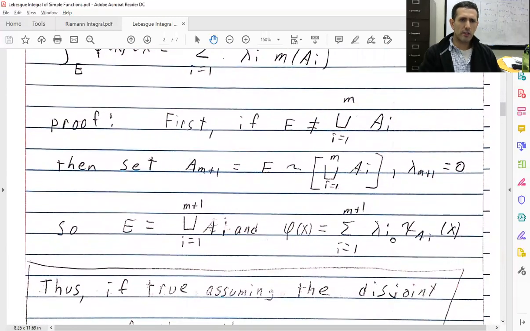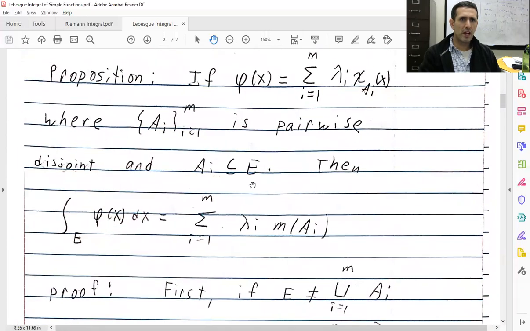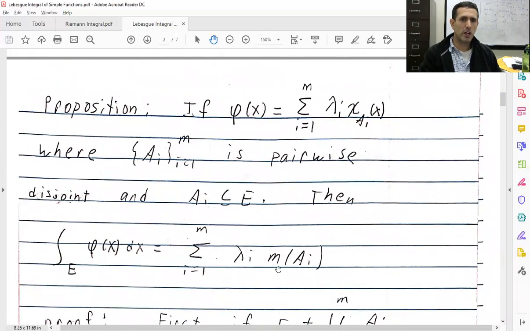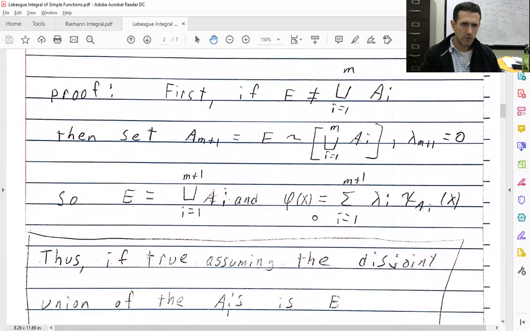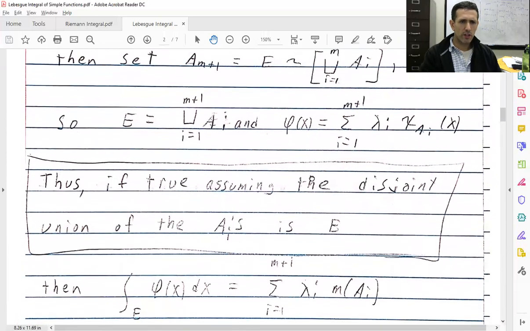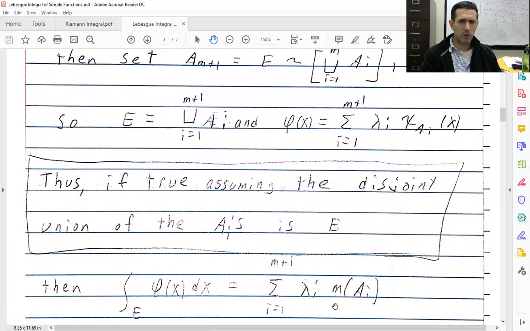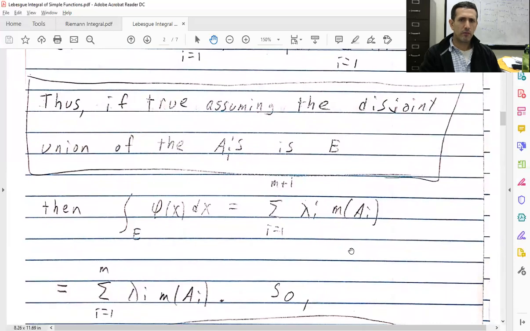So let's assume we have proved this proposition under the assumption that the disjoint union of the A_i is E. Then this integral will be given by this sum here. But again, lambda_{m+1} is 0, and everything is a subset of E. E has finite measure, so the measure of everything is finite. So there's no funny business of how do we deal with 0 times infinity. The m plus 1 term is 0.